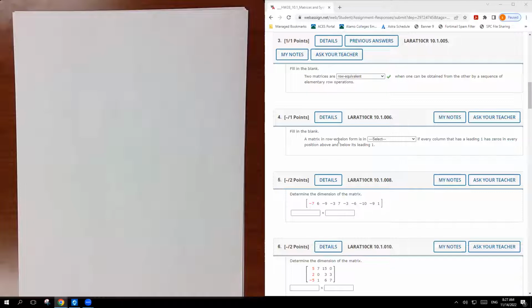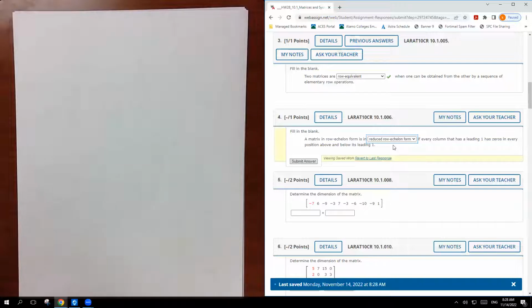A matrix in row echelon form is in reduced row echelon form if every column that has a leading 1 has 0 in every position above and below the leading coefficient. Let's check how it's going to look in row echelon form.